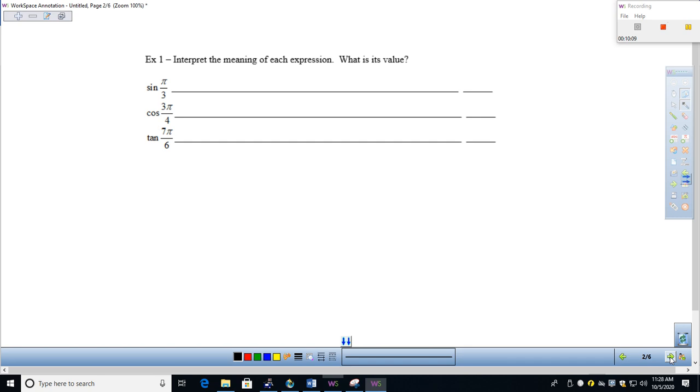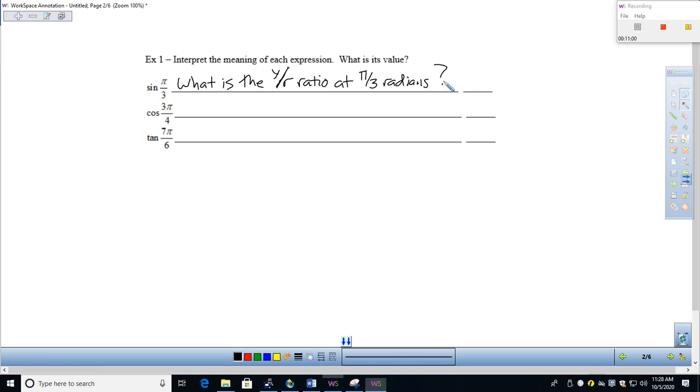As soon as I see sine, sine is one of the 6 ratios, and what I'm asking for is the y over r ratio. What is the y over r ratio at pi over 3 radians? That's basically what that expression is asking us to evaluate.